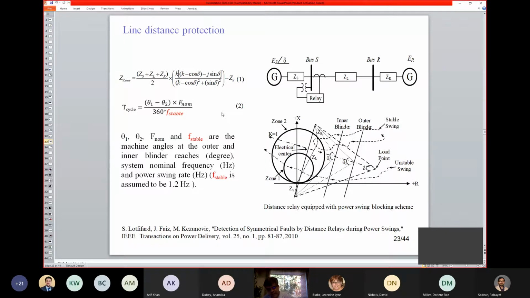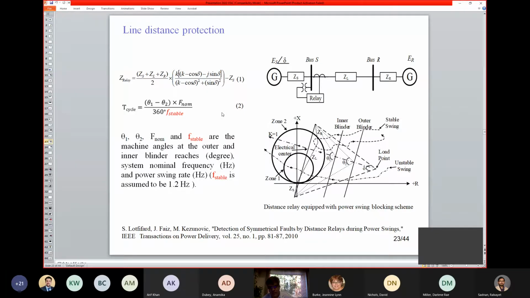Based on this assumption, we make an assumption on the fastest power swing that happens in that area of the power system, and based on that, we set a time delay between these two blinders. From the time the trajectory of the impedance enters the blinder until it goes out, if it is more than a certain time delay, it's a power swing. If it is less than that, it's a fault. That's the main idea behind these blinders. But the problem here is that there are so many cases, and we have shown that.